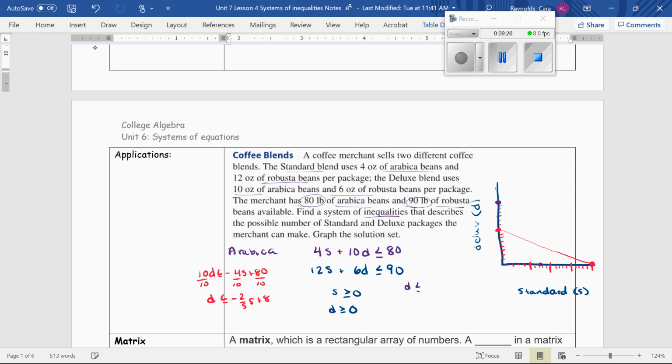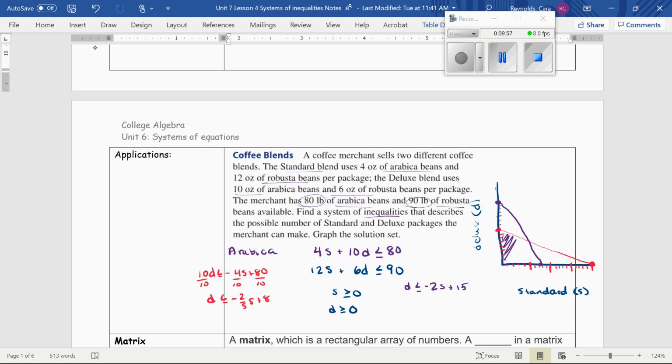So D is less than or equal to negative 12 over 6, so negative 2s plus 15. So that is fine too. Okay, so either way, this is a solid line, hopefully somewhat straight. And I would shade below that as well.